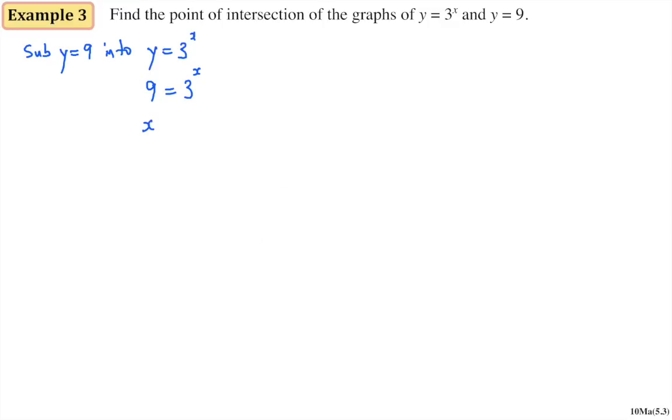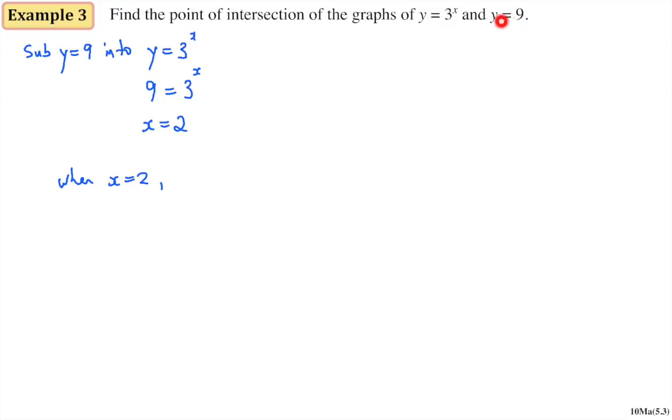And so we just use a bit of trial and error until we get x equals 2. And we just write down the answer then from that, because we just trial and error on our calculator or in our head if it's an obvious one, and you get x equals 2. Now, when x equals 2, I'm going to substitute back in. Is it easier to substitute into that one or that one? Well, you could put it here, and 3 to the power of 2, 3 squared gives 9, but this one, you don't even have to substitute in.